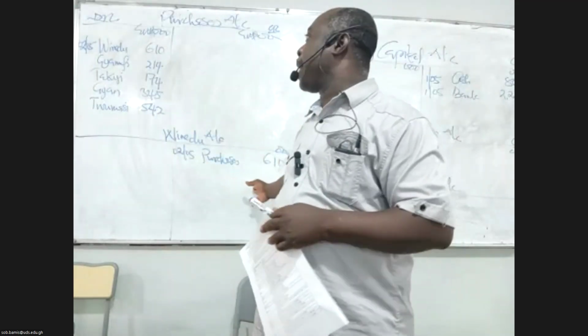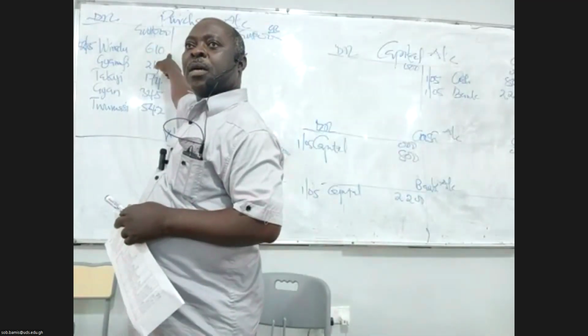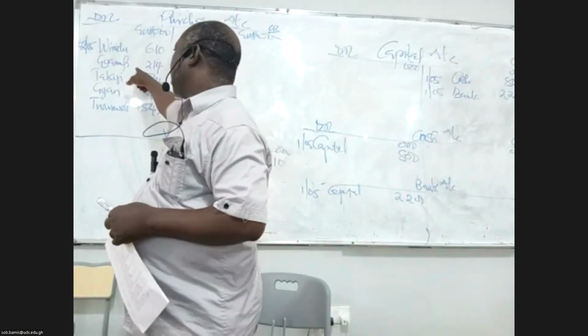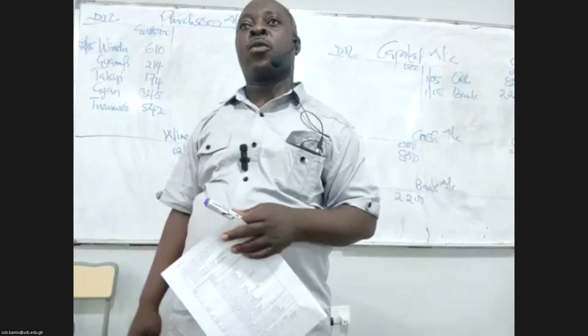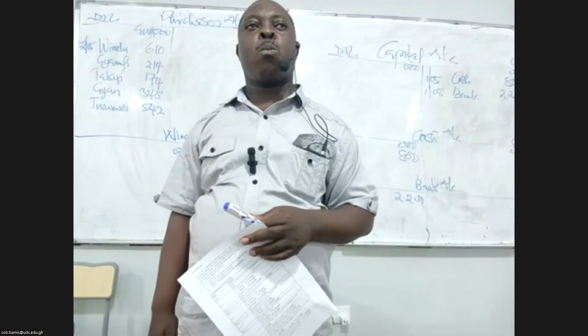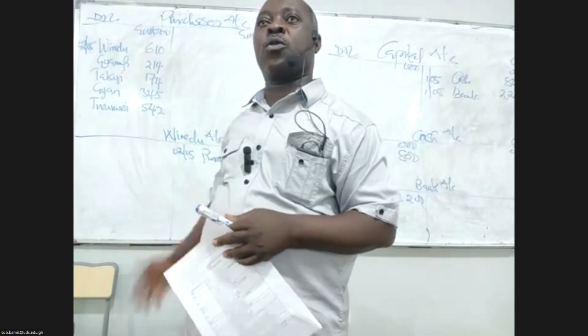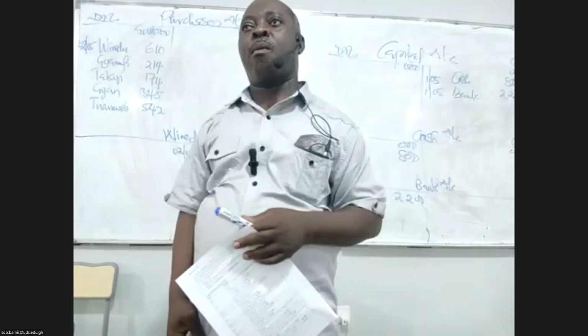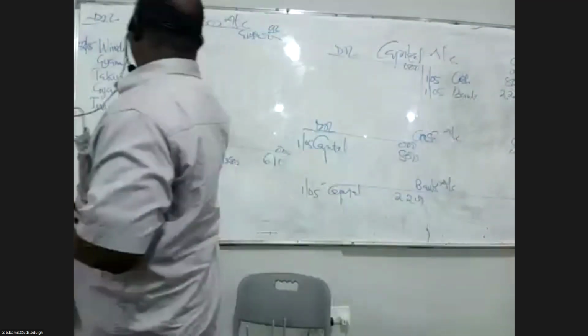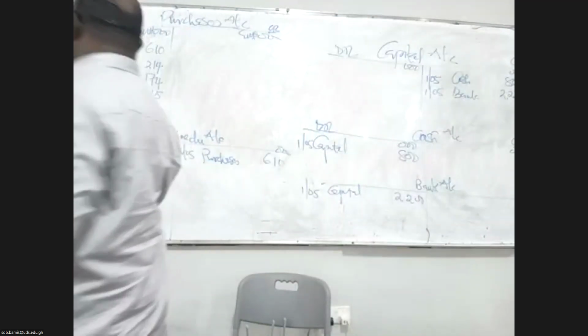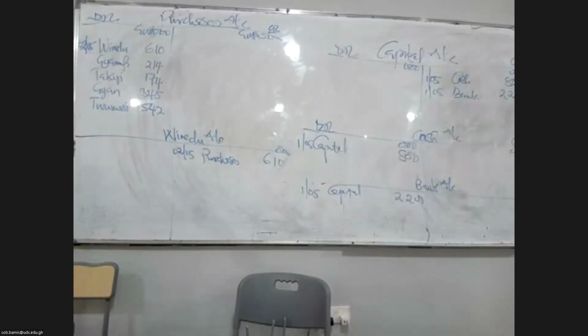We credit here and debit there. The board is not big, so we can't open an account for all of these, but forget that all of these will be in what we call the purchases ledger.